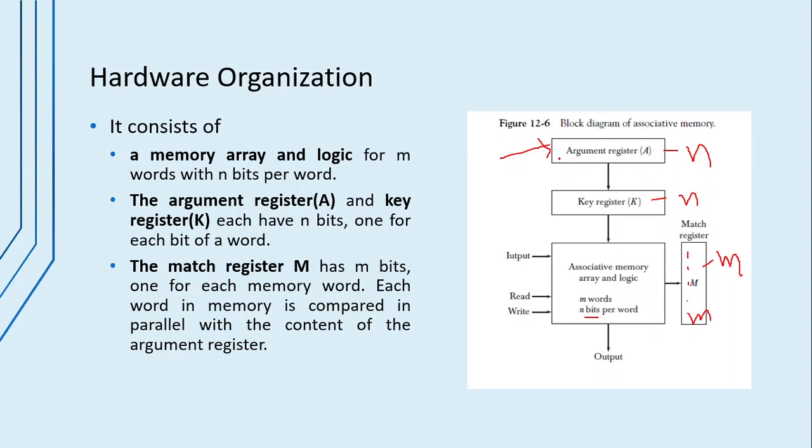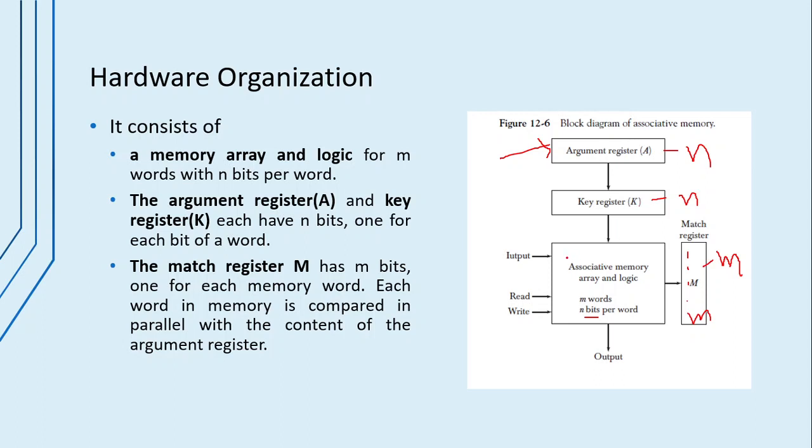Whatever data you have written in the argument register will be compared with these m words in parallel. Now the key register provides masking. The key register provides a mask for choosing the particular field or key in the argument register. After that, this argument is compared with the memory words.